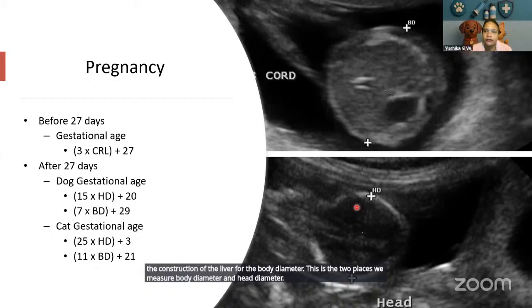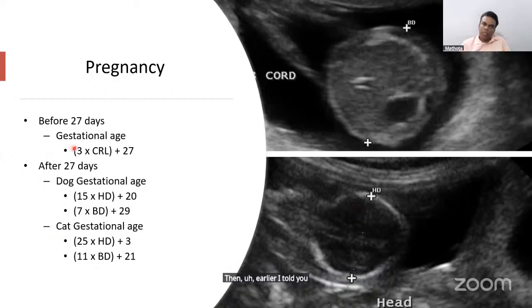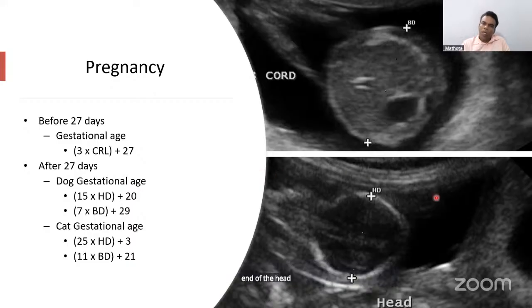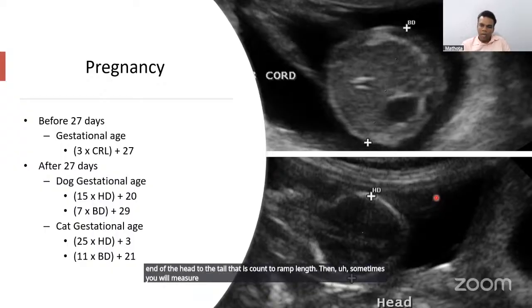Earlier I told you that you can measure crown to rump length, sometimes in maybe 25 days to 35 days fetuses. When you measure crown to rump length, you have to measure the whole length from the end of the head to the tail. That is crown to rump length. Then sometimes you will measure gestational sac diameter.